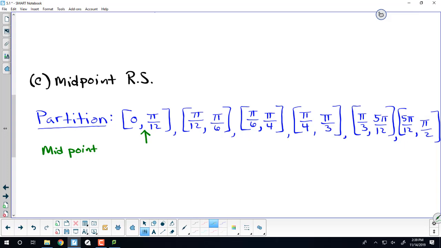So halfway between 0 and pi over 12 is pi over 24. Halfway between pi over 12 and pi over 6 is pi over 8, and so forth. Whatever all of these midpoints are, those are the values we're plugging into the sine function to evaluate the midpoint Riemann sum.